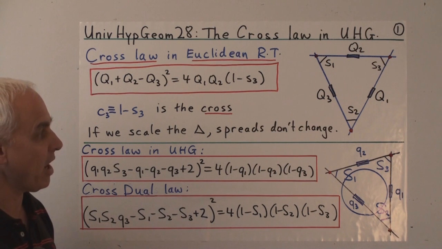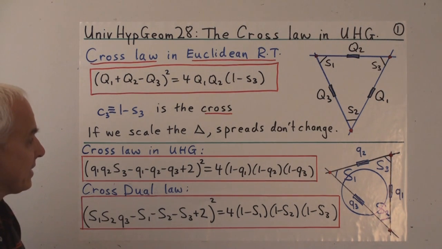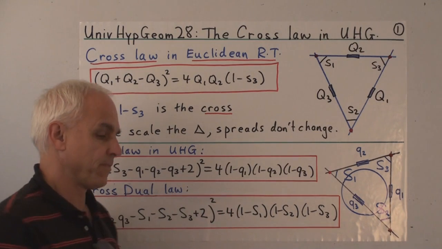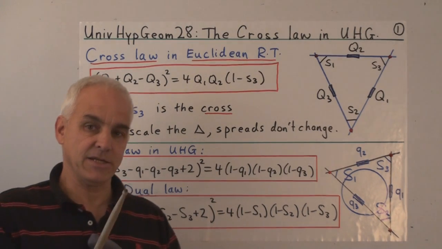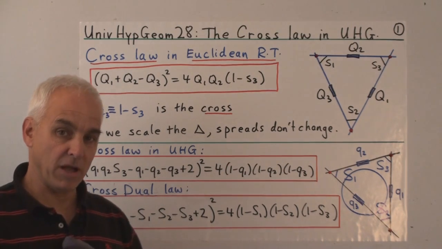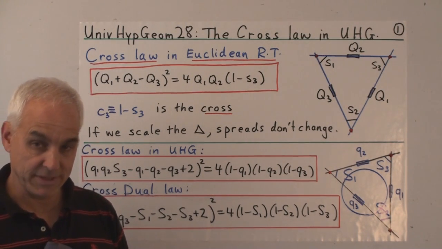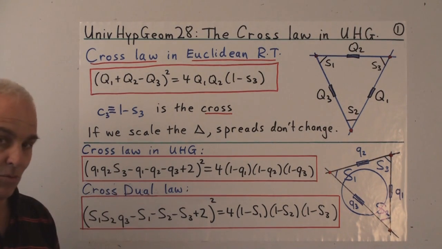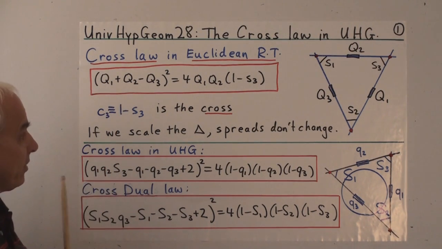And an important observation here is that if we scale the triangle, the spreads don't change. In other words, if we dilated the triangle so that all of the quadrances would be multiplied by the same factor, say lambda, then this left-hand side would be multiplied by lambda squared.